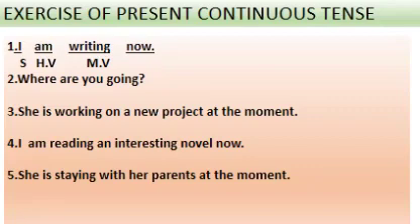And in fourth sentence, I is a subject and we always use am helping verb with I, and reading is an action verb, main verb. Fifth sentence, she is a subject and as I told you we always use is helping verb with she, and staying is a main verb here. Okay students, so now note it in your notebook.